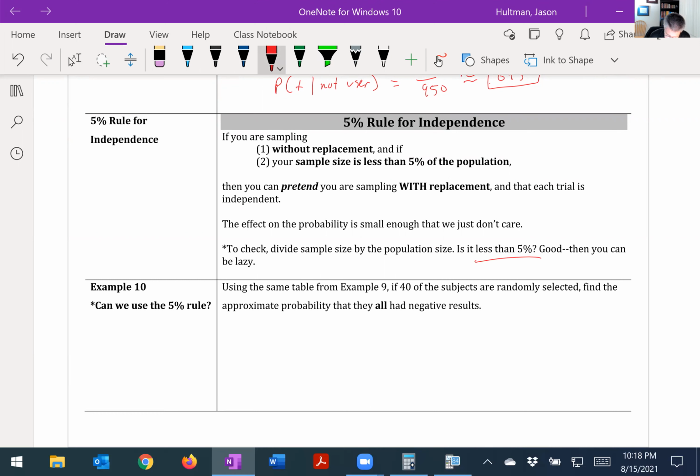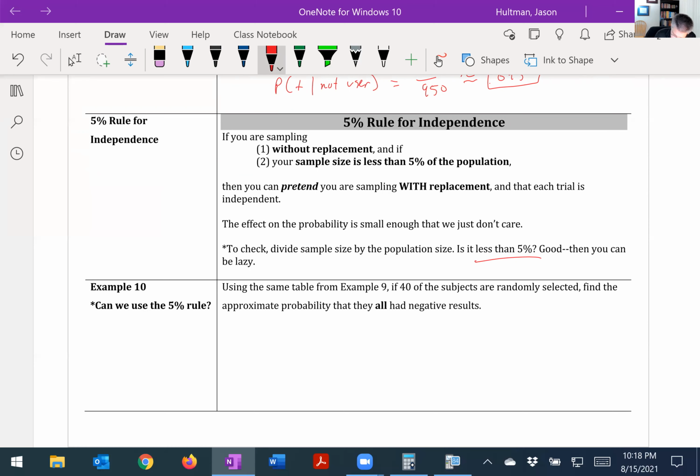Using the same table from number 9, that's the drug users. 40 of the subjects are randomly selected. Find the approximate probability that all had negative results.